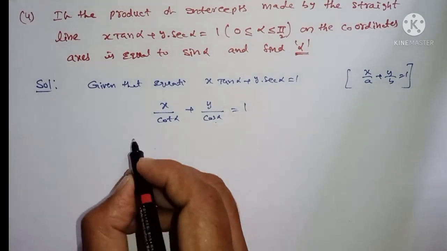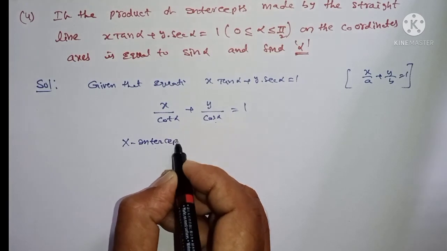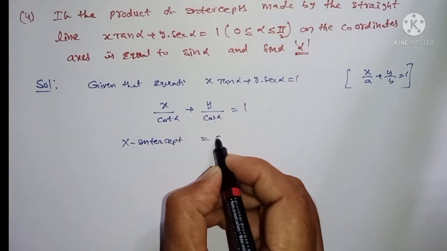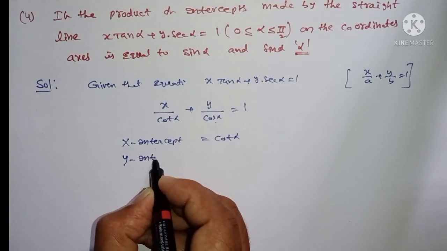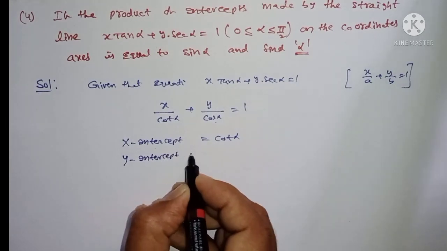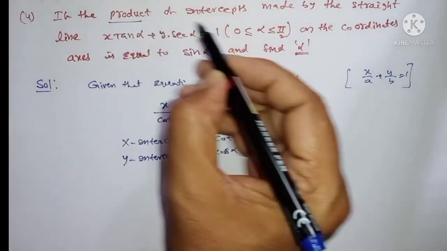Therefore you can write here x intercept is equal to cot alpha, and y intercept is cos alpha.